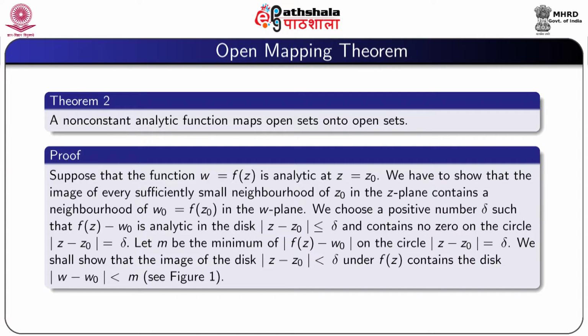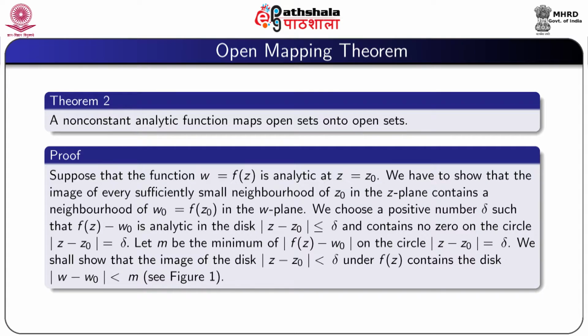We choose a positive number delta such that f(z) minus w0 is analytic in the disk mod z minus z0 less or equal to delta and contains no 0 on the circle mod z minus z0 equal to delta.